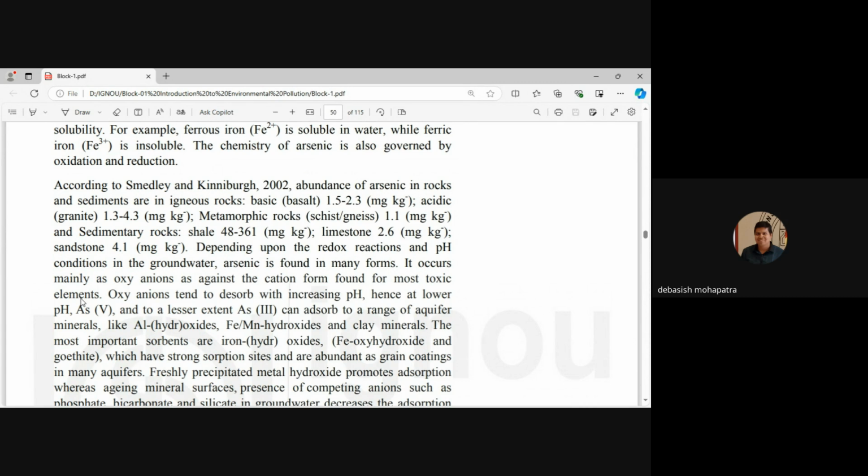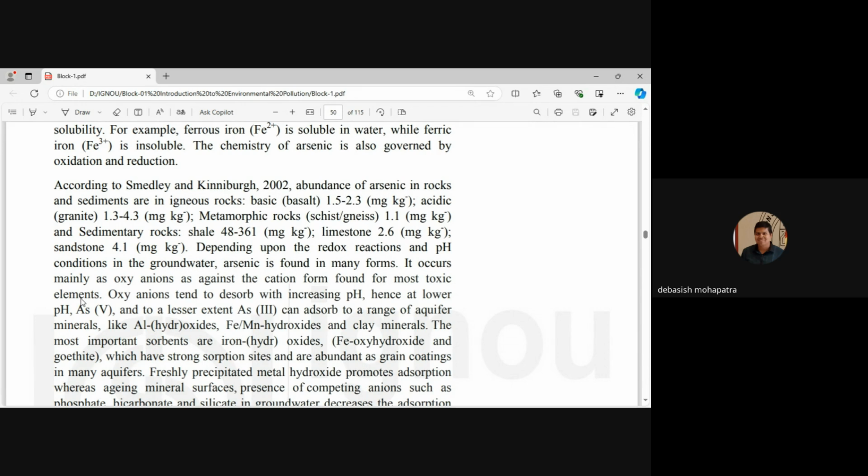It occurs mainly as oxyanion, or as a cation, found for most toxic elements. Oxyanion tends to dissolve with increased pH, hence at lower pH to a lesser extent can adsorb to a range of aquifer minerals like aluminum, iron, Mn hydroxide and clay minerals.